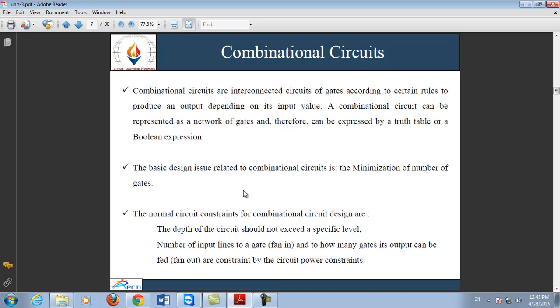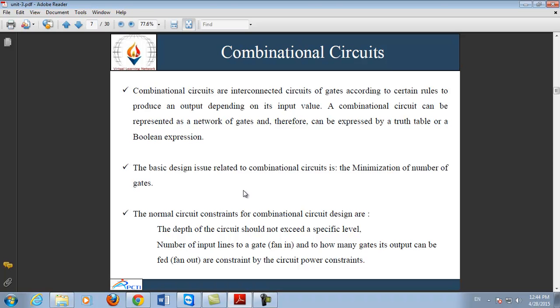But the main issue with combinational circuits, as I told you, is that a combinational circuit is the collection of different circuits. If we combine or interconnect different circuits, then the complexity will be high, the complexity will be increased.